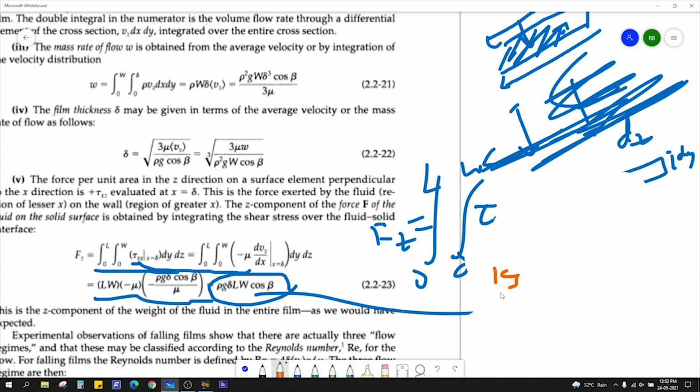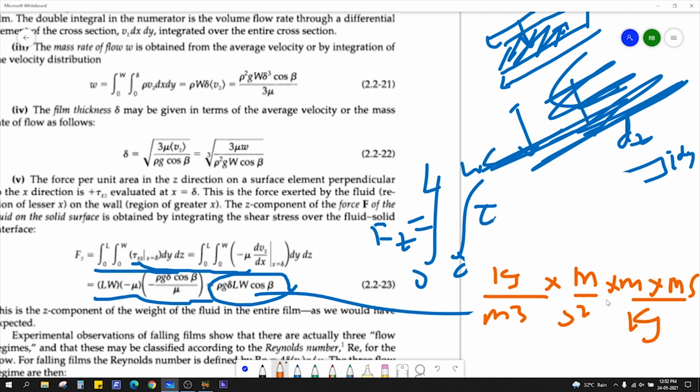So rho, density, kg per meter cube, into gravity, acceleration due to gravity, meter per second square, into the thickness, meter, cos beta dimensionless.